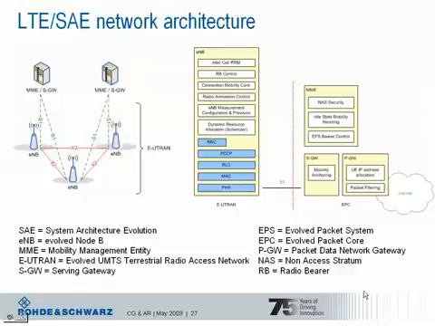So you see the complete protocol stack for the radio protocols, physical layer, medium access control layer, MAC, radio link control layer, RLC, packet data convergence protocol layer, PDCP, and radio resource control layer, RRC, are part of the base station or are terminating in the base station.